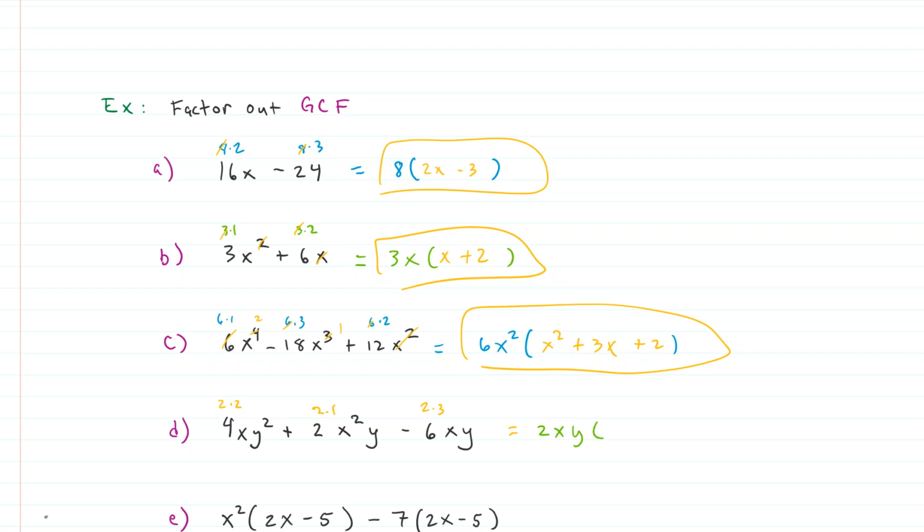And what's left over? Well, we took 2 from the 4, and we took an x, the only x that was there, and we took one of the y's. So we have 2y left over. Second term, we took the 2 and the y and one of the x's, so we're just left with x.